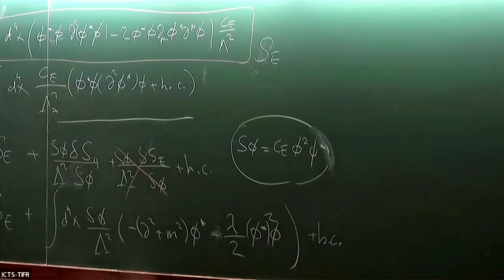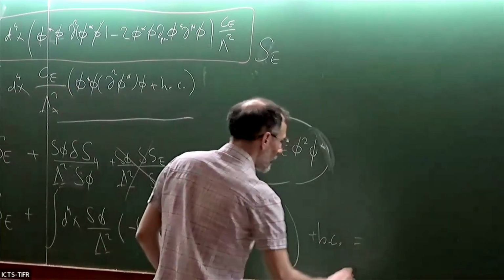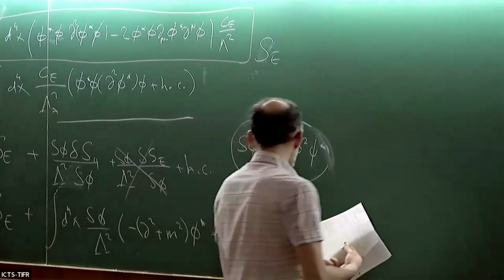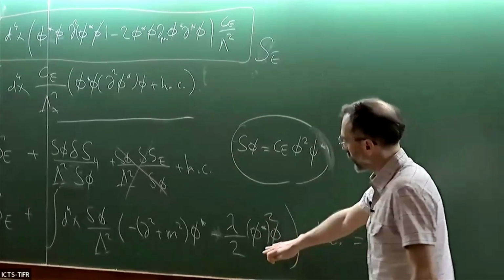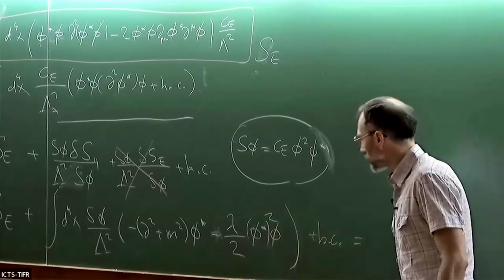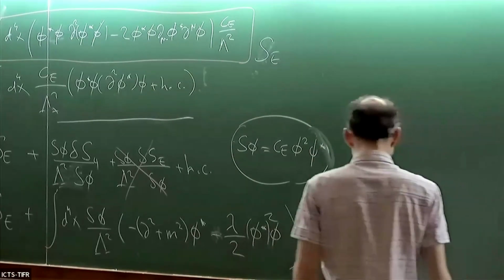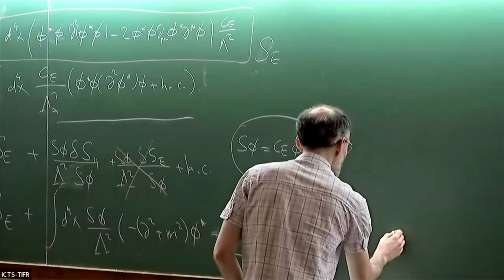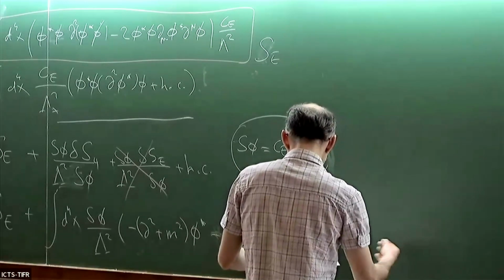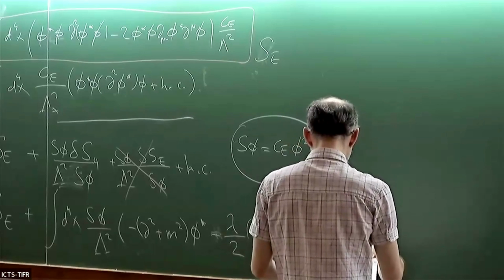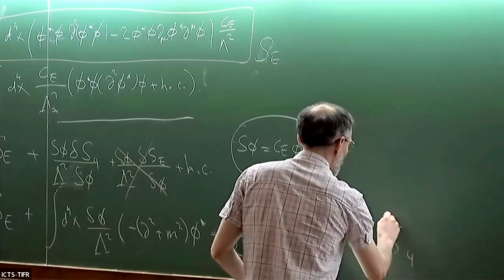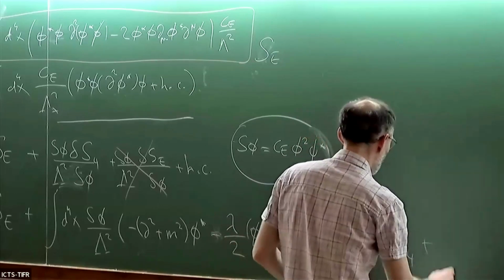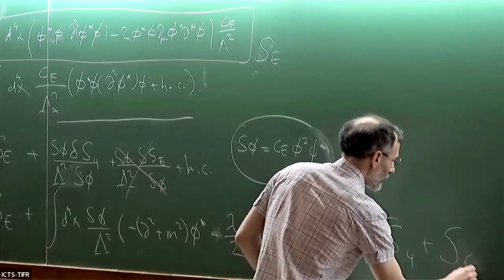And after we've done that, what we're left with is, of course, what we set out to do happens, that cancels out, but we also have these other 2 terms in there. One of them is going to look like lambda phi to the 4th, and the other one like 6 fields. I want to write this as S4 bar plus S6.